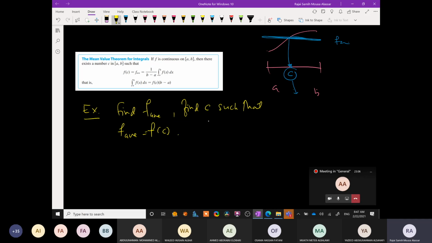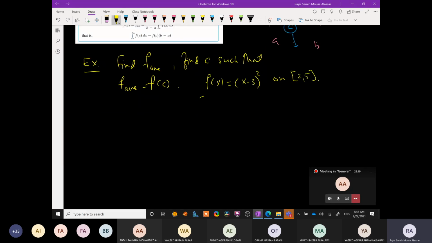My function is given by f of x equals x minus 3 squared on the interval 2 to 5. First of all, we see that f is continuous on that interval. This is very crucial, because if it's not continuous, then this may not happen.